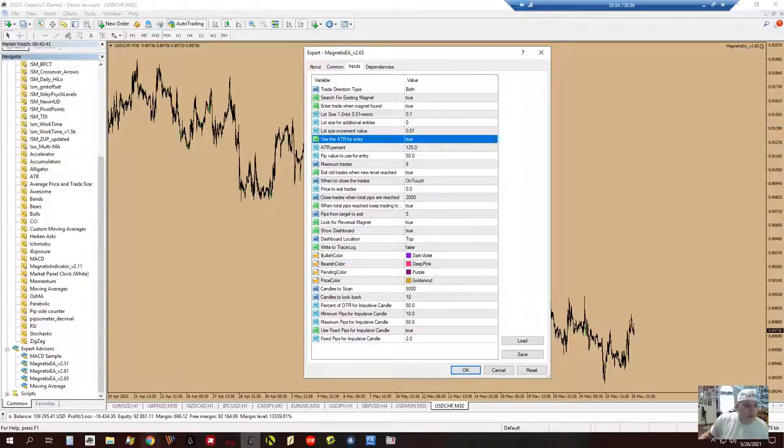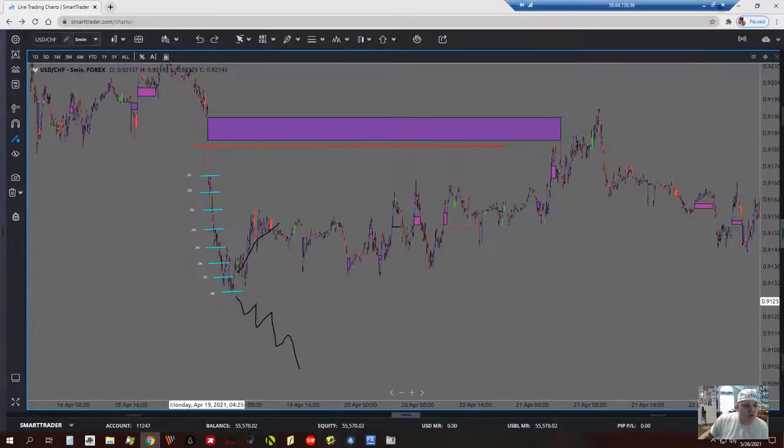So like I showed you here, 0.01, so it would be 0.11, 0.12, 0.13, because it's adding 0.01 increments. And this is the leveling feature that I explained earlier. It's a feature I had added in, and I like it because remember, it brings this down here a lot quicker. So it makes me break even a lot faster and then puts me into profit a lot quicker as well.